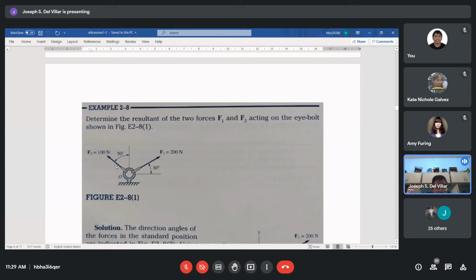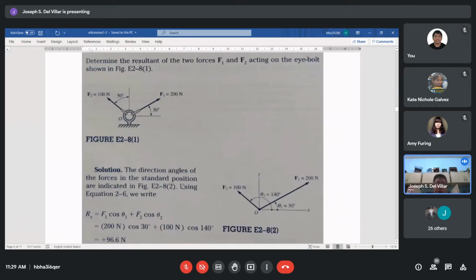Okay? So yung 40 na yon, pwede nyo rin gamitin instead of 50. At kapag ginamit nyo yung 40, you need not reverse the function. Yung usual na formula. Kung fx, cosine. Kung fy, sine.